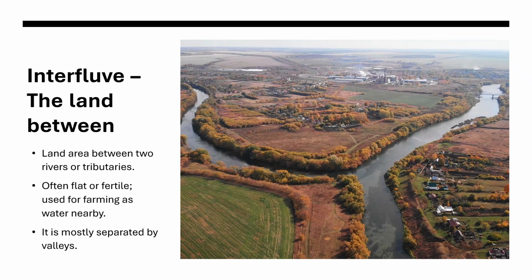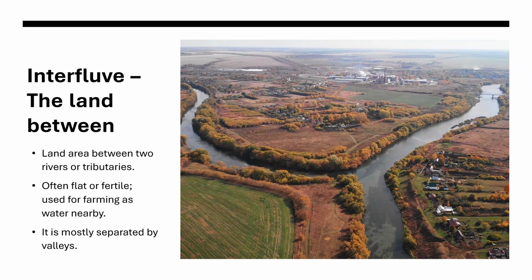Why am I saying it's fertile? It's because you can see there's a lot of cultivation aside. So interflow may be flat land or some sort of valleys. You understand? Let me put it in another way so that you can understand better. Between rivers lies the interflow, this land or area that we are talking about.